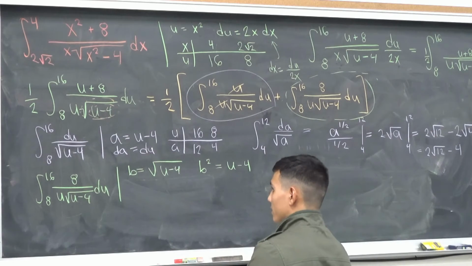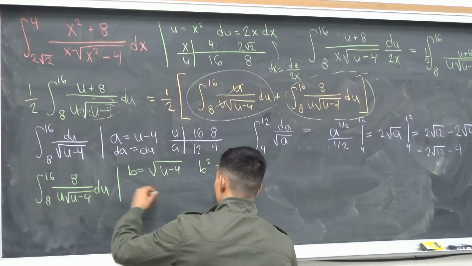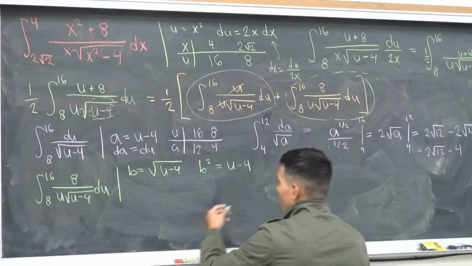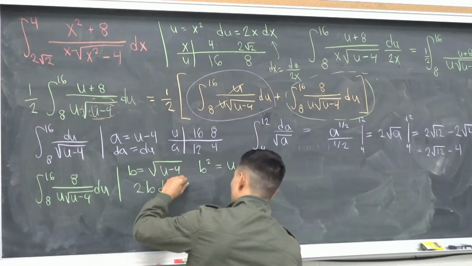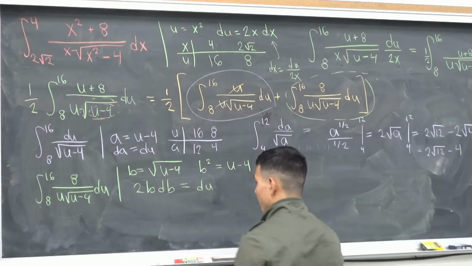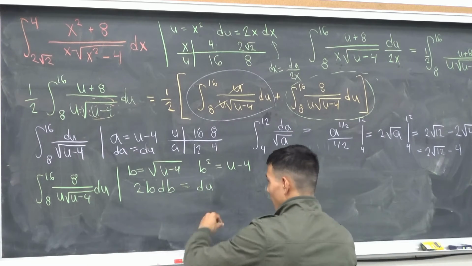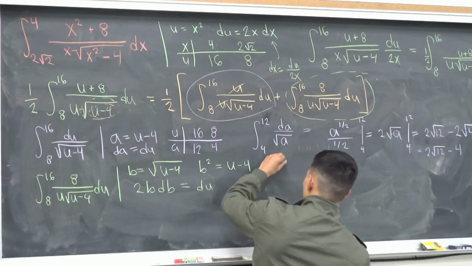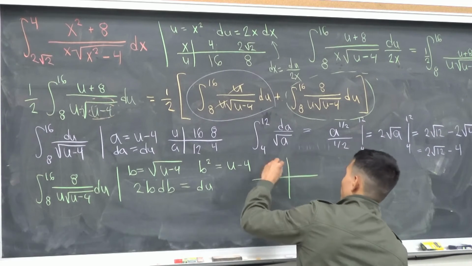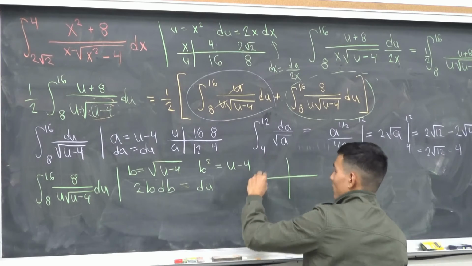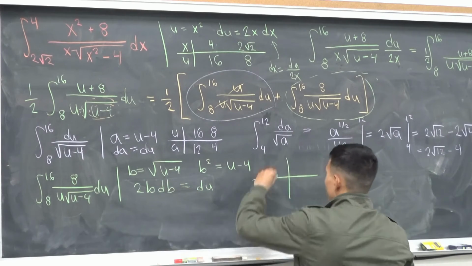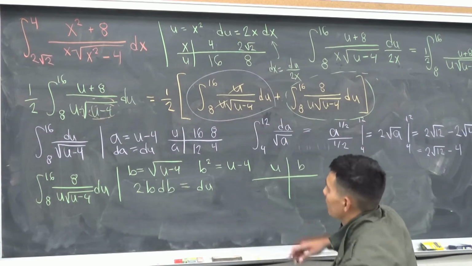Okay, so what's the implicit differentiation here? Right, it would be 2b db is equal to du. And we are also changing our bounds here. Okay, so we're going from what? That is from u to b.